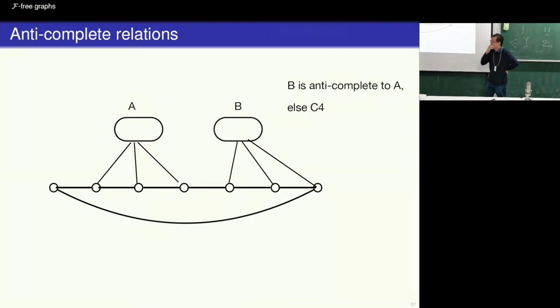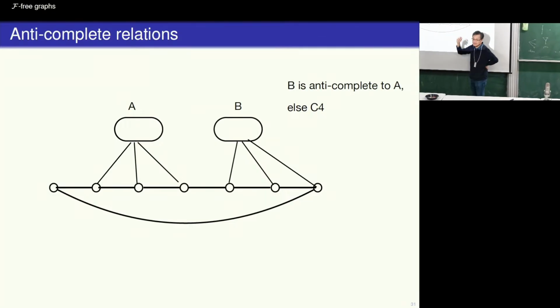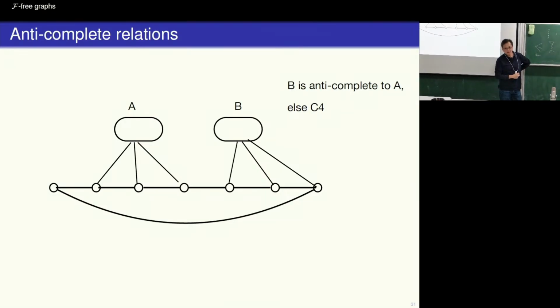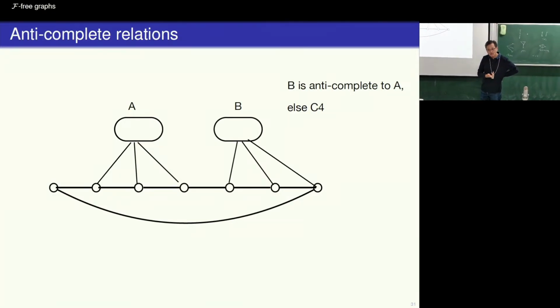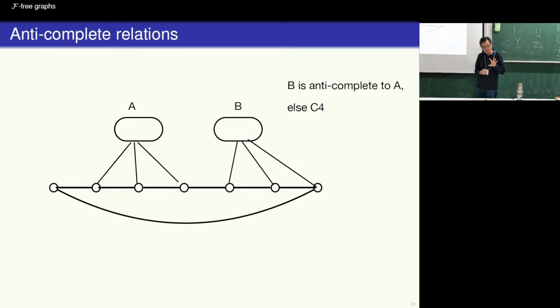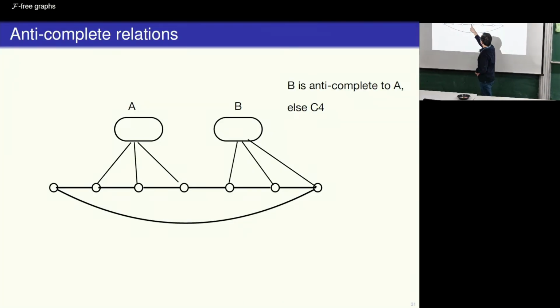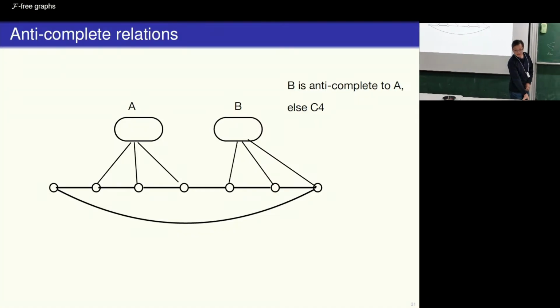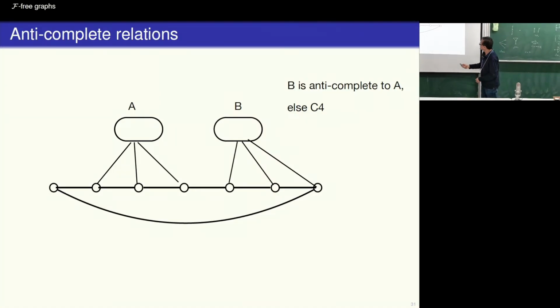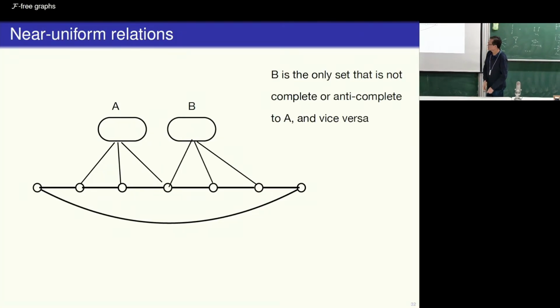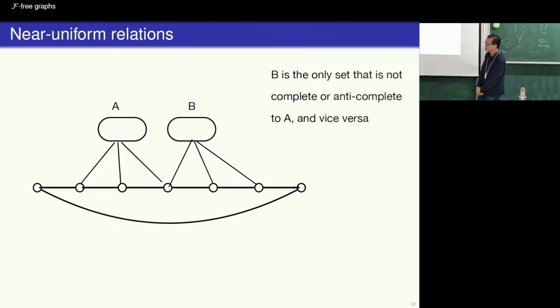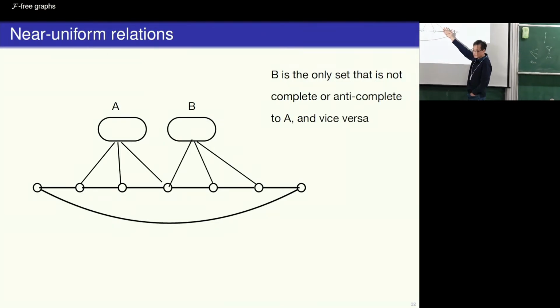And now we know there can be no edge between A and B. A has to be anti-complete to B, because otherwise we have a C4. We're in the class without 4K1 and C4. If I have this edge, I have a C4. The problem is if I shift B only one step to the right like this, then I cannot do anything. Between A and B, I could have any kind of edge.